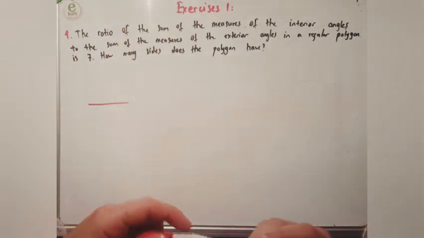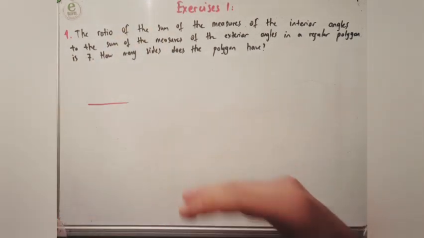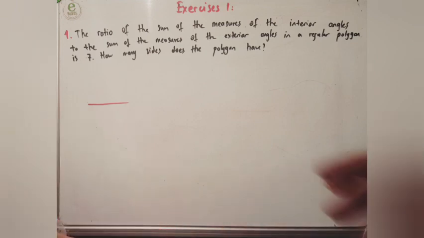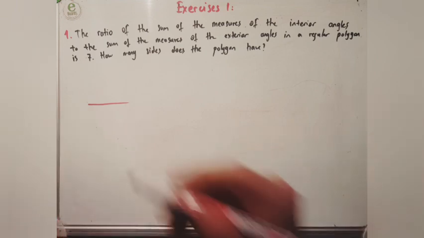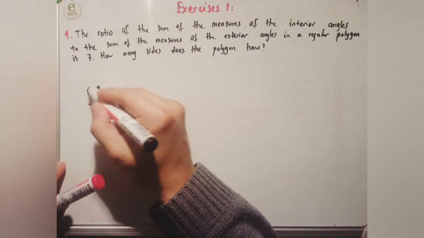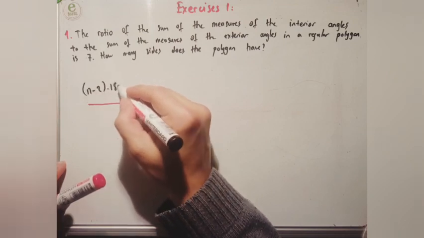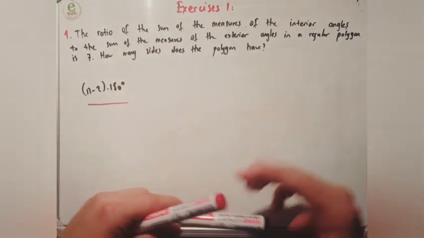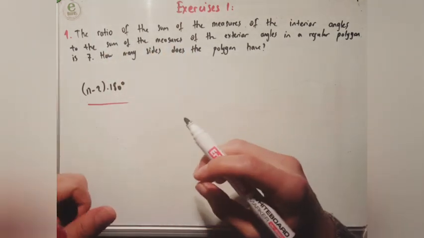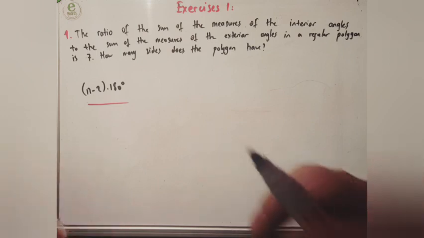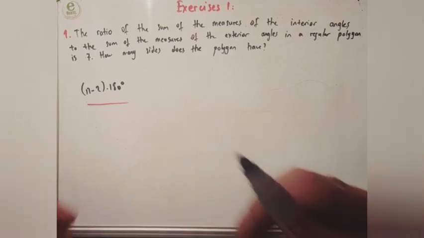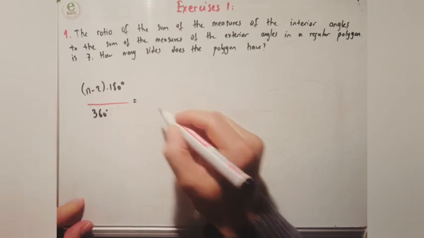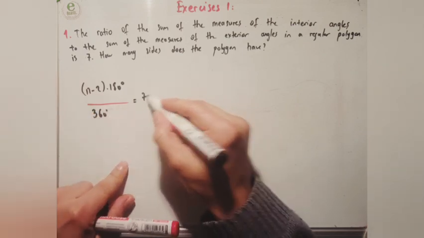How can you find the sum of the measures of the interior angles with given n sides? n minus 2 times 180 degrees. To find the sum of the measures of the exterior angles, we said that the sum of the exterior measures of any polygon is 360 degrees. It says the ratio is 7.